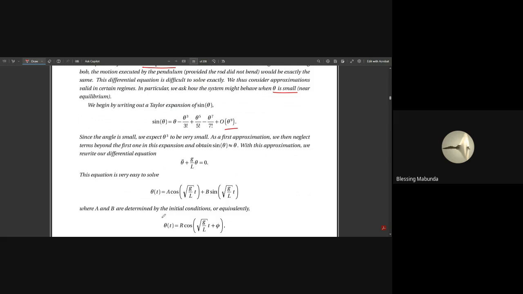We chose sine theta here because we used the approximation that if we have a small angle, then sine theta is approximately equal to theta.